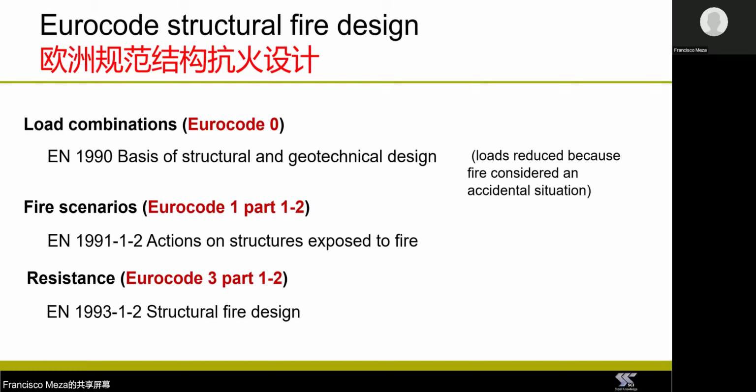As I mentioned, Eurocode 3 Part 1.2 gives the rules for calculating the resistance of steel members. The main body of this part focuses on carbon steel members, and all the rules that are specific to stainless steels are given in an annex.